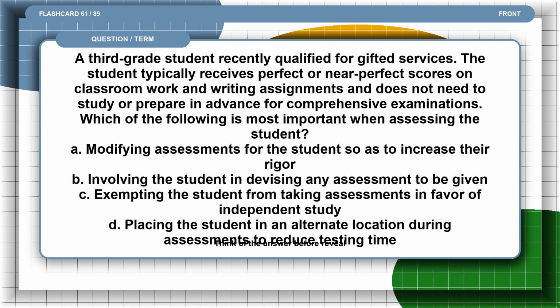A. Modifying assessments for the student so as to increase their rigor. B. Involving the student in devising any assessment to be given. C. Exempting the student from taking assessments in favor of independent study. D. Placing the student in an alternate location during assessments to reduce testing time. Pause and think of the answer before the reveal.